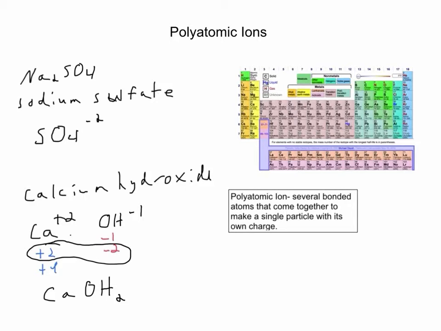So the way that I indicate that I don't just have 2 of this last atom, I have 2 of this group, this polyatomic ion, is that I put parentheses around it. So I'm going to put my polyatomic ion in parentheses, and that means this 2 goes with the whole hydroxide. So this says I have 1 calcium and 2 hydroxides.